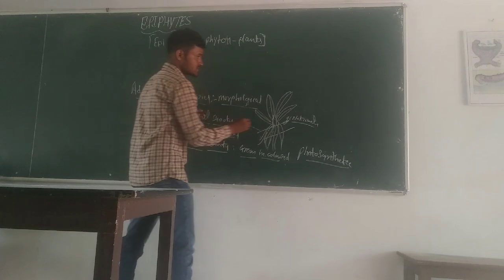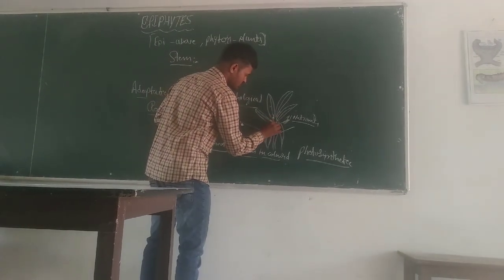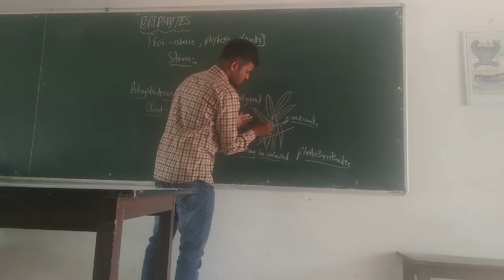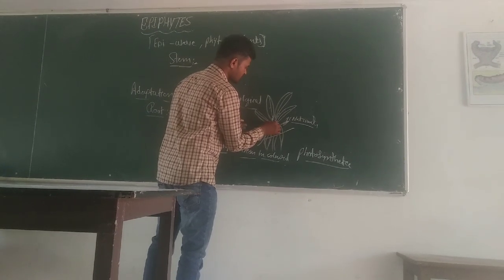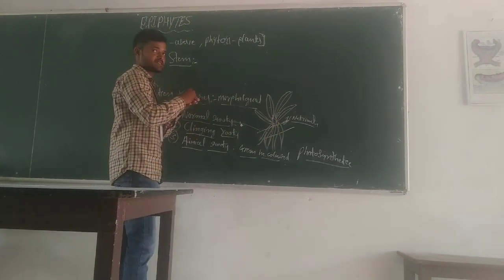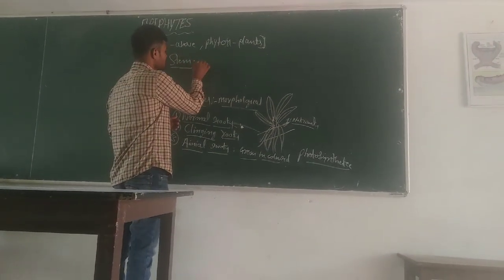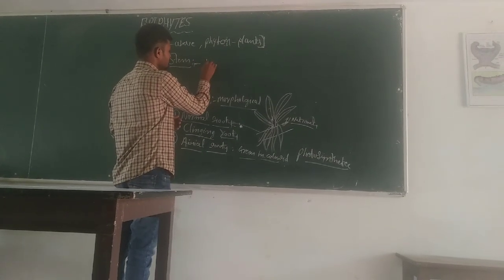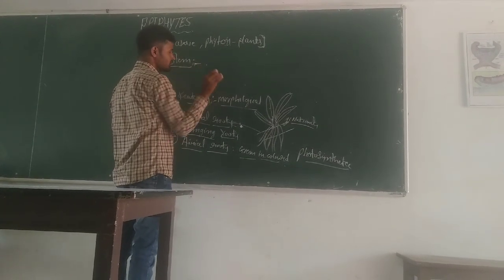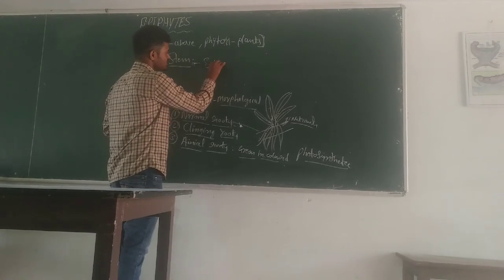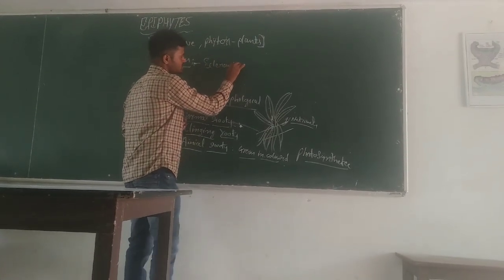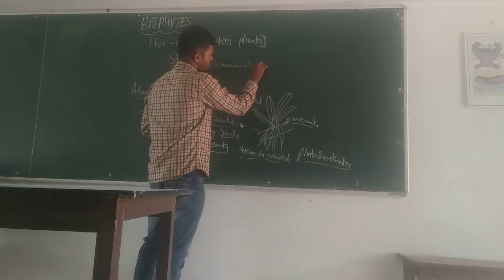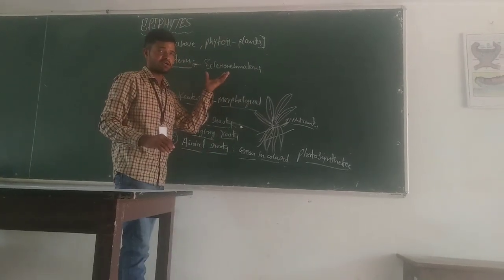The internal nodes are connected with the stem in the upper epidermis. The complete stem is hard in nature, sometimes made of sclerenchymatous cells for mechanical support.